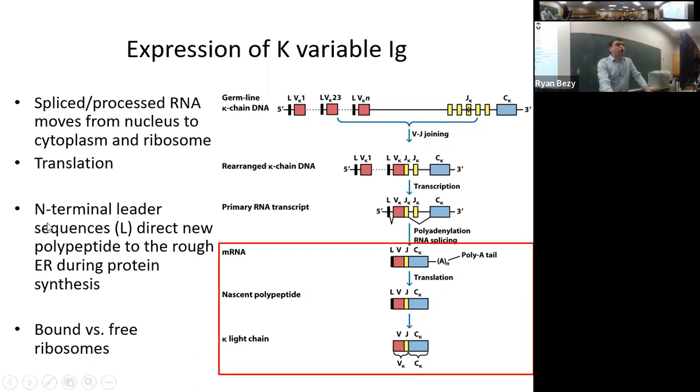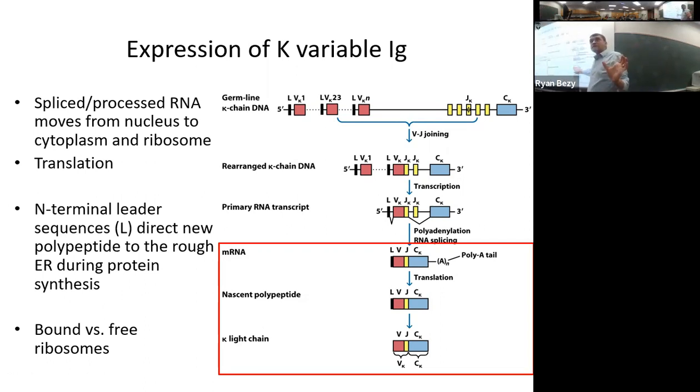That N-terminal leader sequence is called a leader peptide because it gets made first, since it's at the beginning of the protein. The leader peptide sequence directs the ribosome to go to the rough endoplasmic reticulum. The ribosome binds with the rough endoplasmic reticulum and then makes the new antibody protein into the rough ER.